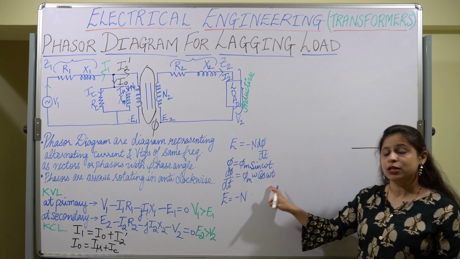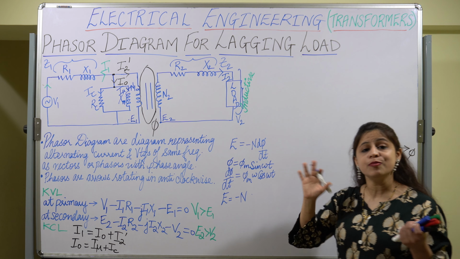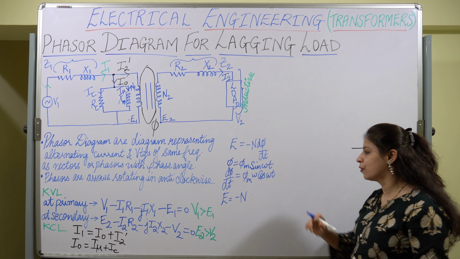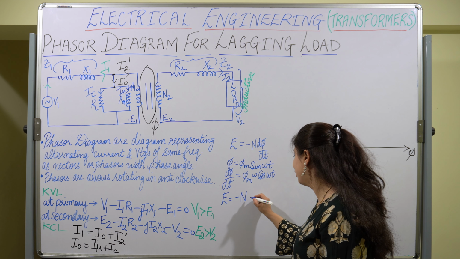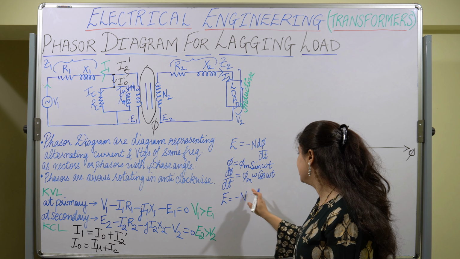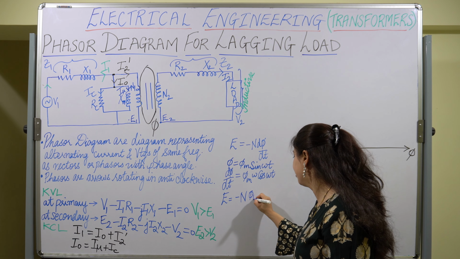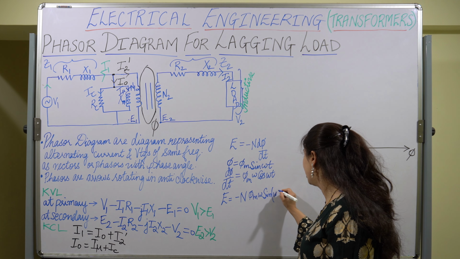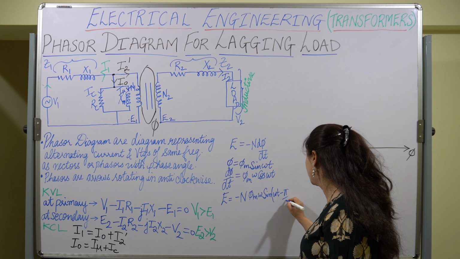If we want to write cos omega t in terms of sine omega t, then we will be writing E as N phi m omega sine of omega t minus pi by 2.